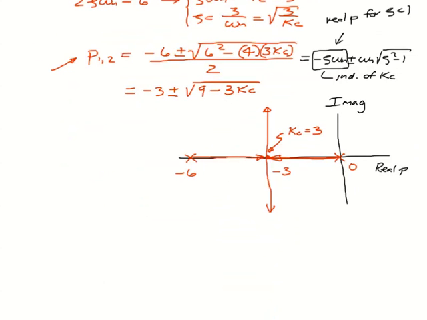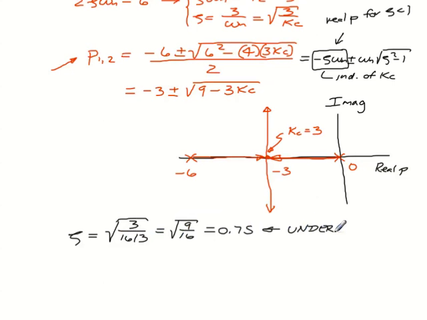Okay, let's get the answer. We saw from above that zeta was equal to the square root of 3 over Kc. Kc was 16 thirds, so this is the square root of 9/16. So the damping ratio is 0.75, and as we suspected from our plot above, this would correspond to an underdamped case.